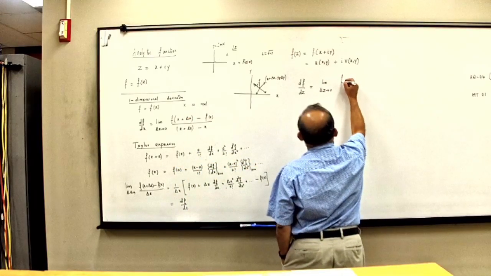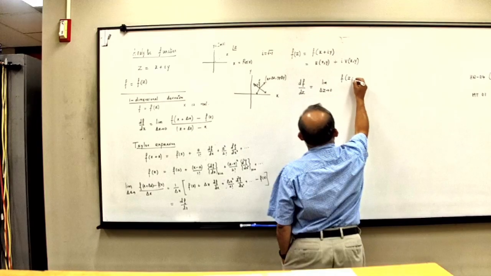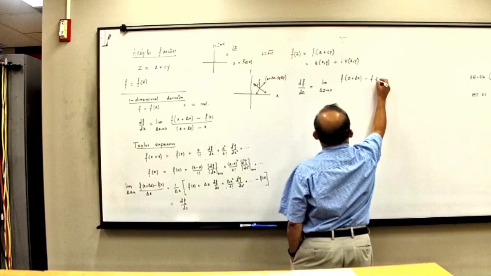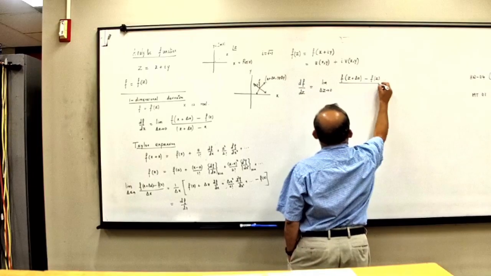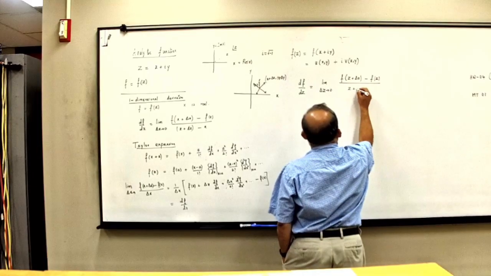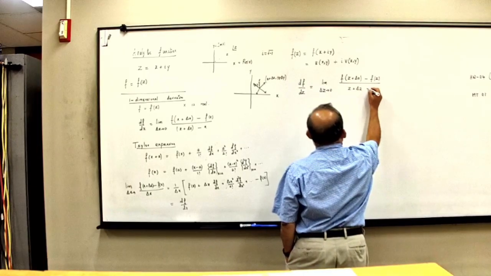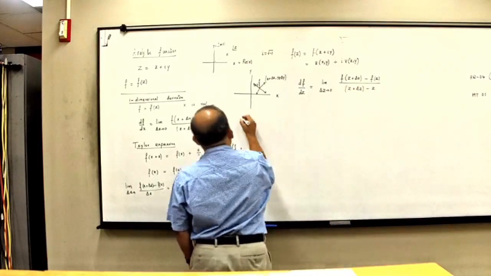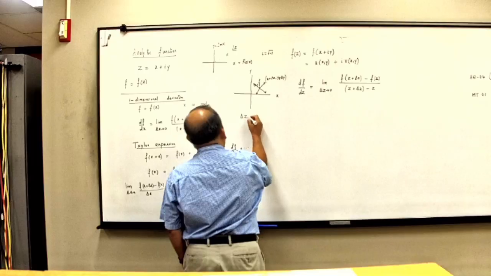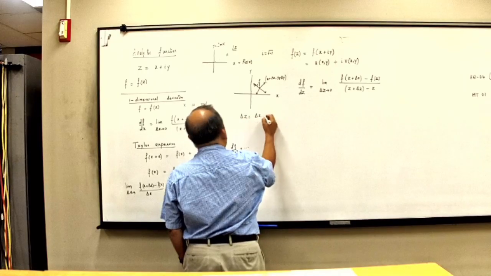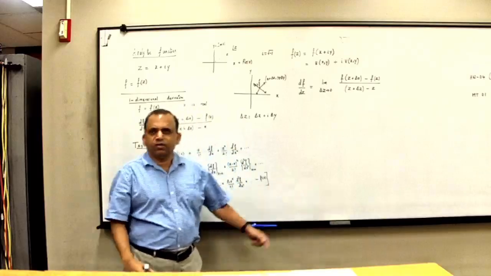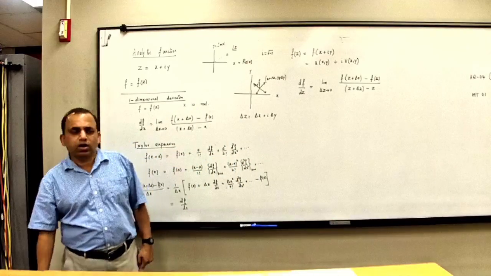And this is f of z plus delta z minus f of z, divided by z plus delta z minus z. What is delta z? It is equal to a small change delta x plus i times delta y. A small difference. I mean, it is intuitively very clear what I mean.